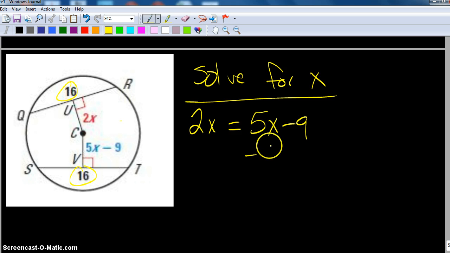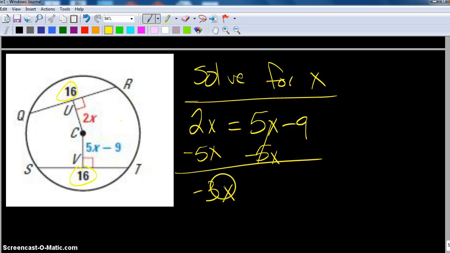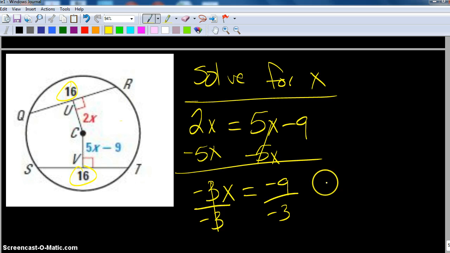Well, subtract it. 2x minus 5x gives you a negative 3x, and you're like, damn it, negative 3. That's okay. Equals, bring down the negative 9, and we divide by a negative 3. A negative over a negative gives you a positive number. So x equals 9 over 3 is 3. X is 3.